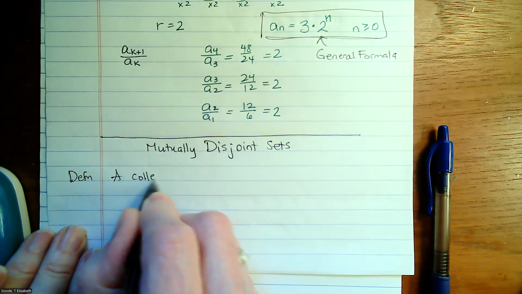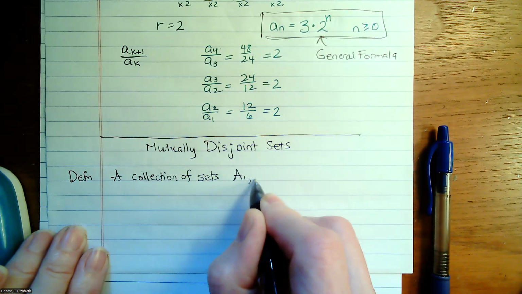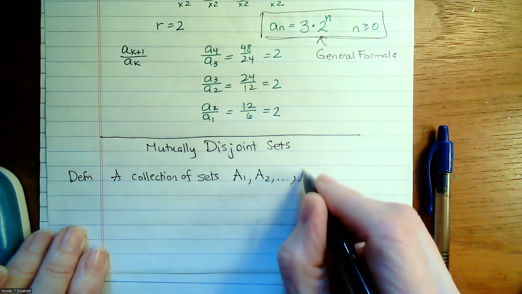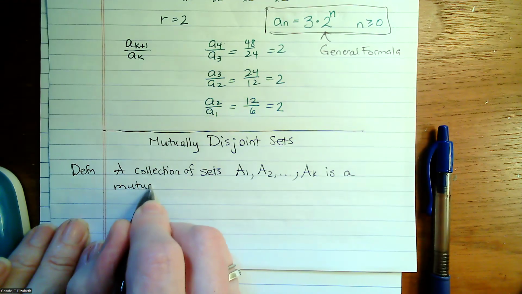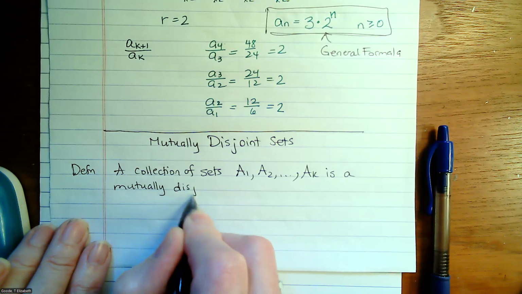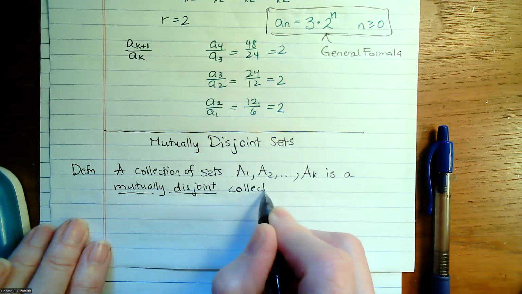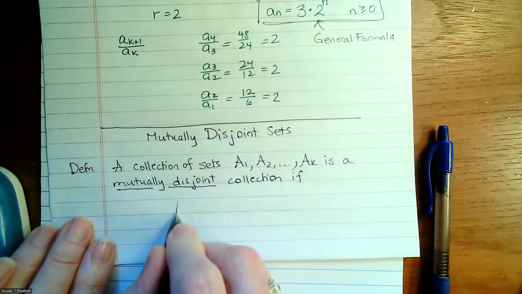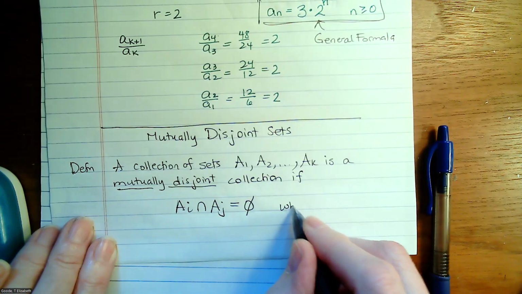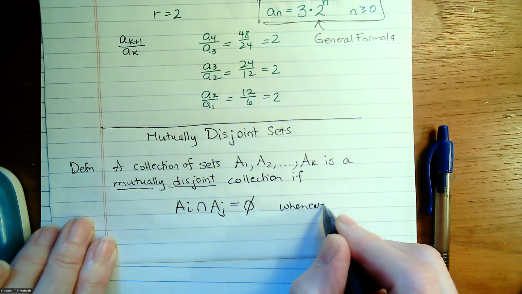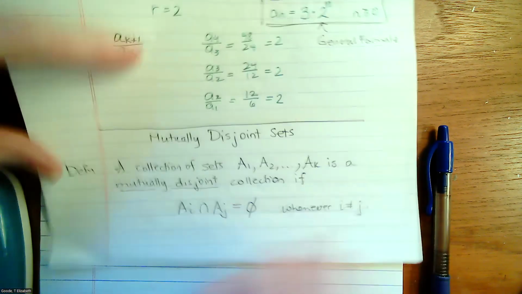A collection of sets, just call them A1, A2, dot, dot, dot, A sub K, is a mutually disjoint collection if A sub I intersect A sub J is empty whenever I is not equal to J. All right, let's look at an example and let's look at a non-example.